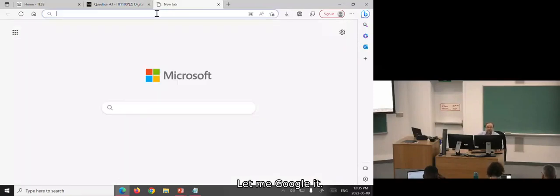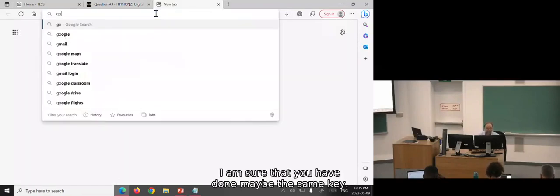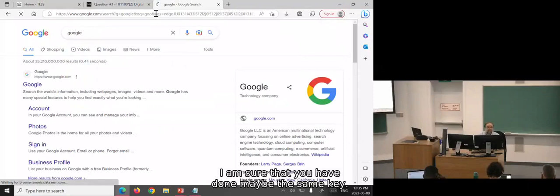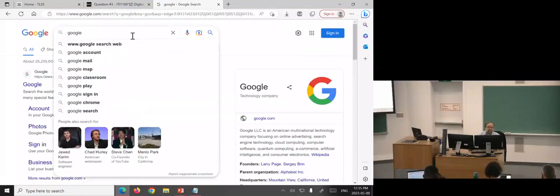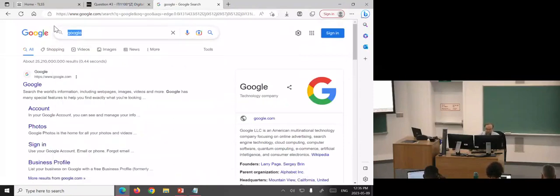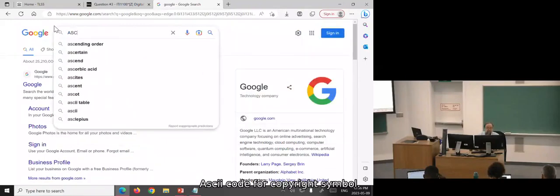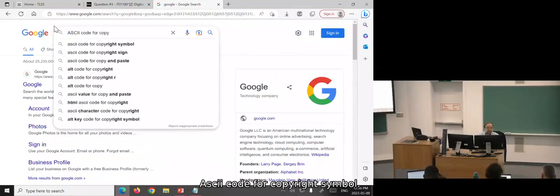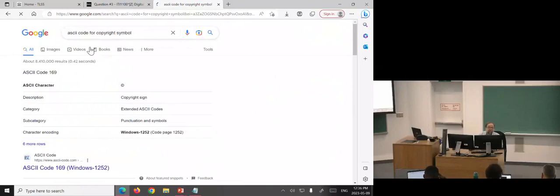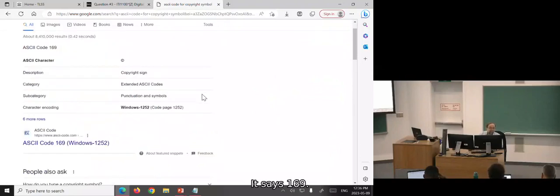Let me Google it. ASCII code for copyright symbol. It says 169. Could we trust it? Yeah, it's 169.